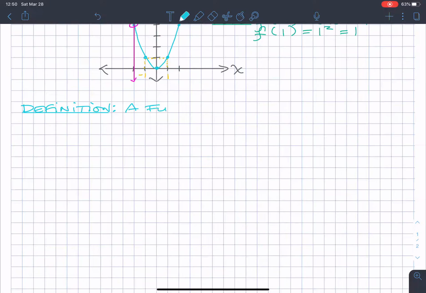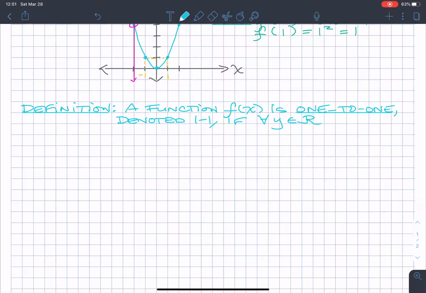A function f of x is 1 to 1, denoted 1 dash 1, if for all values of y in the range of f of x, there exists a unique, that's a symbol on your symbol sheet, a backwards E with an exclamation point, value of x in the domain of f of x such that f of x is equal to y.